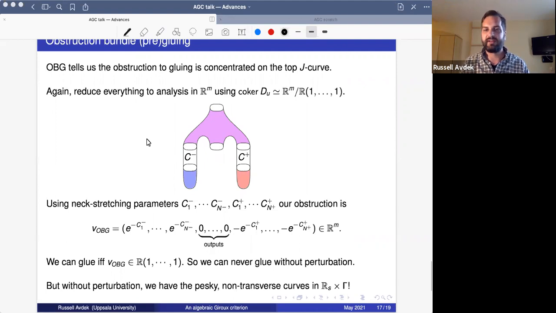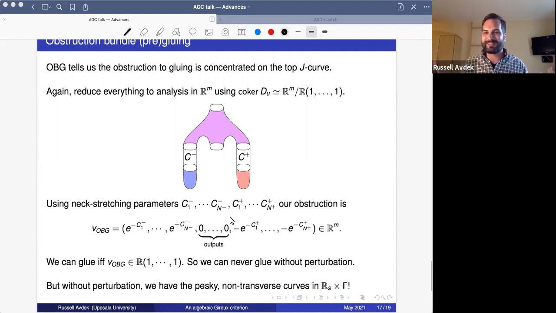Up to some terms which don't matter, we can explicitly describe it: the coefficients decay exponentially in the size of the neck stretching parameter. They do so with positive sign when we glue on a negative plane from S minus, and with negative sign when we glue on a plane from S plus. And so we know that we can glue if and only if our obstruction vector lives in this diagonal subspace of R^m, which is clearly never possible.